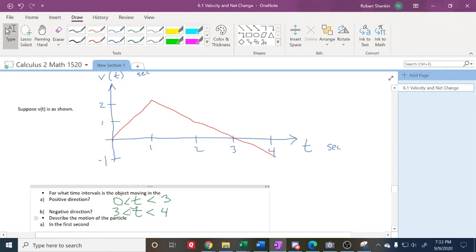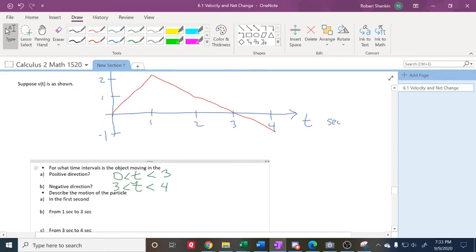Okay, and then next is asking, describe the motion of the particle in the first second, from seconds 1 to 3, and then from seconds 3 to 4. So, let me give you a minute to think about that individually. Maybe you could tell a story about what's happening with this particle in each of these time intervals.